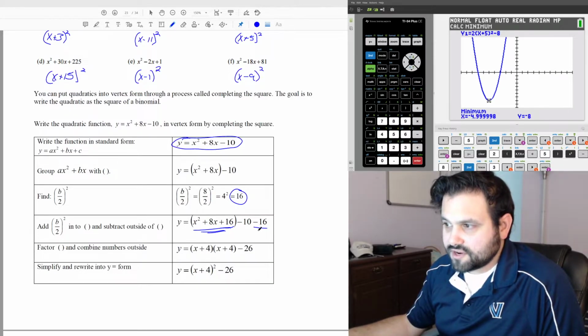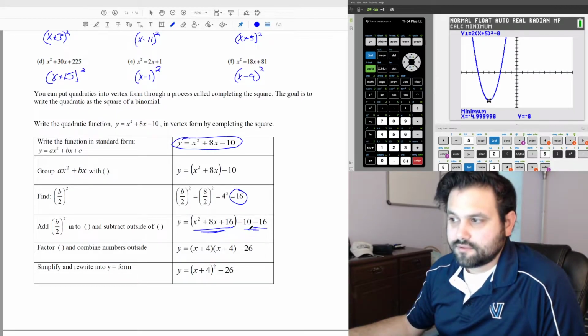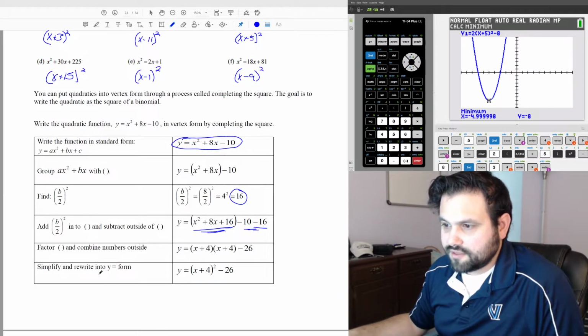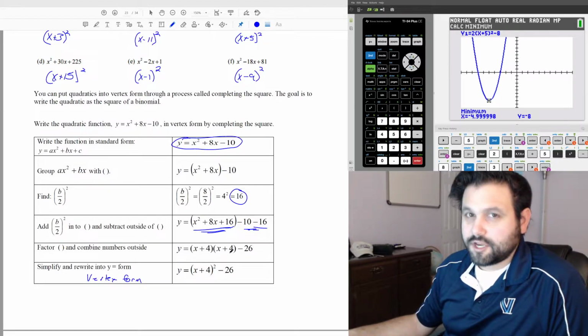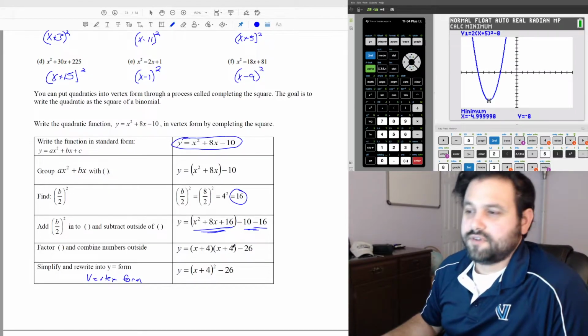And then over here, I just combine like terms, right? So negative 10 minus 16, negative 26. And I end up with vertex form.